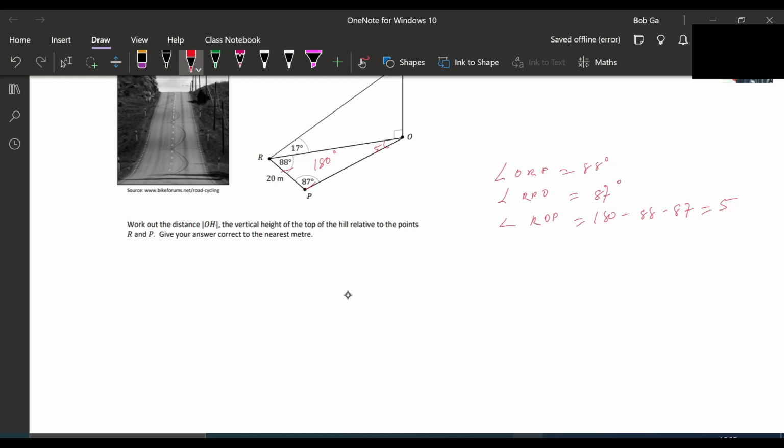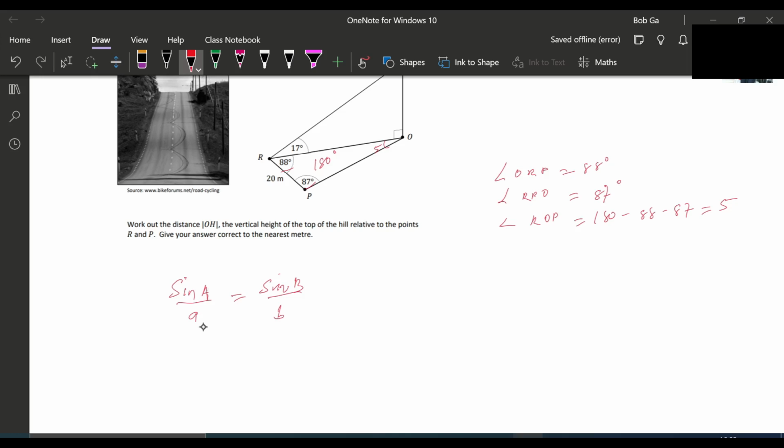We can now use the law of sines, which says that sine A over side A must be equal to sine B over side B, which is the side opposite of this.